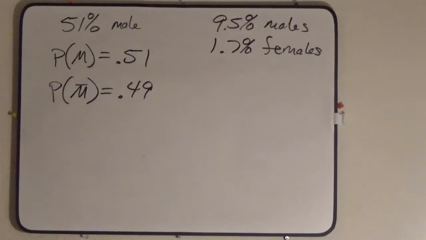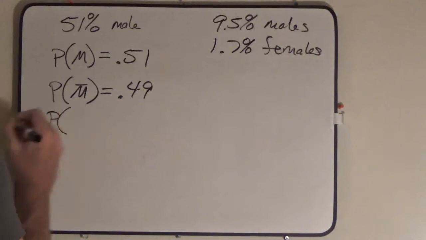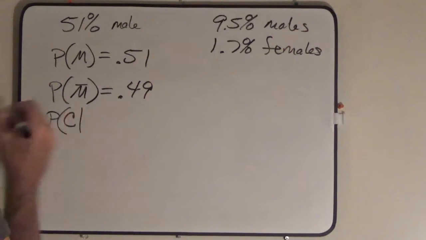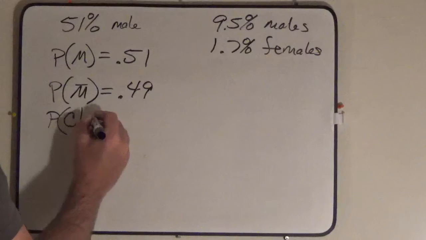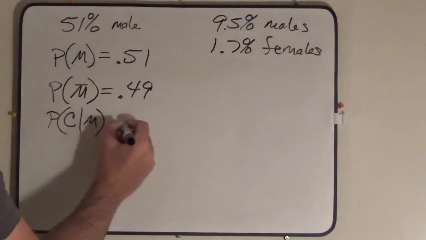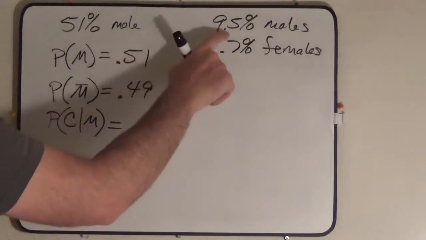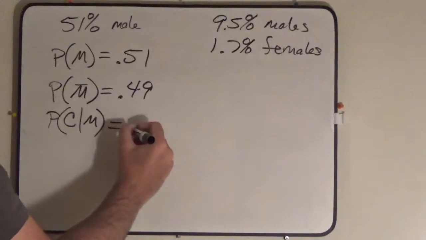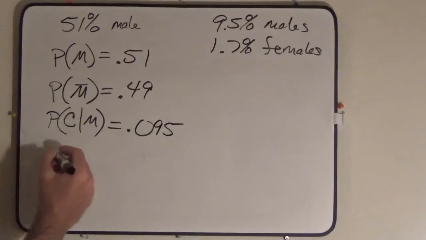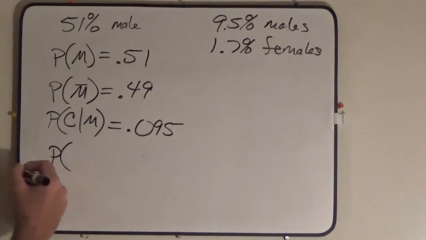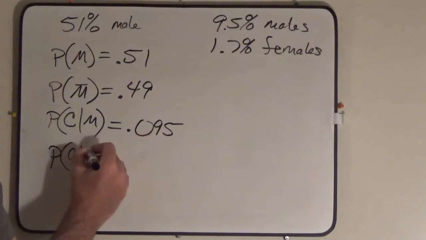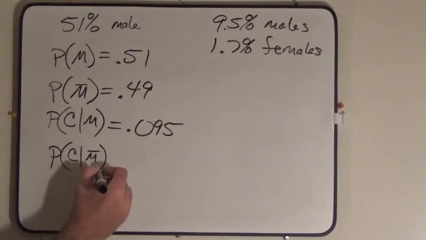Then we want the probability of the cigar, because of males. That probability is this decimal moved twice to the left, 0.095. And we also need to know the probability of a cigar with our complement, which would be females.